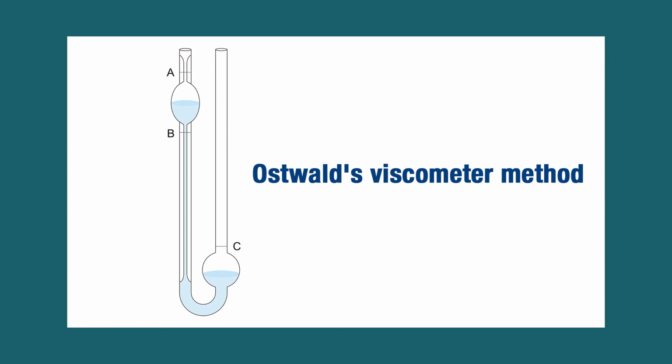The lower part of bulb A is attached to a fine capillary tube B, which in turn has its lower part attached to the remaining wider portion of the apparatus containing bulb C. The instrument must first be calibrated with a material of known viscosity such as pure water. In an Ostwald's viscometer, a fixed volume of liquid is allowed to fall under its own weight and the time required for flow is noted.